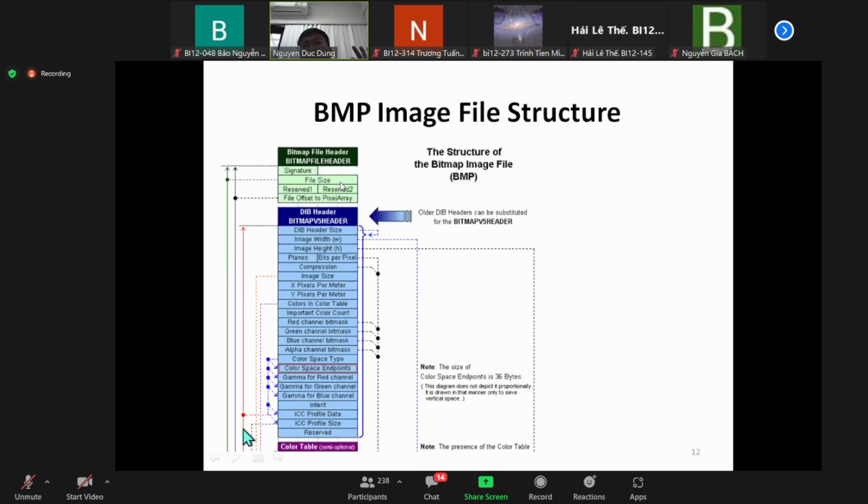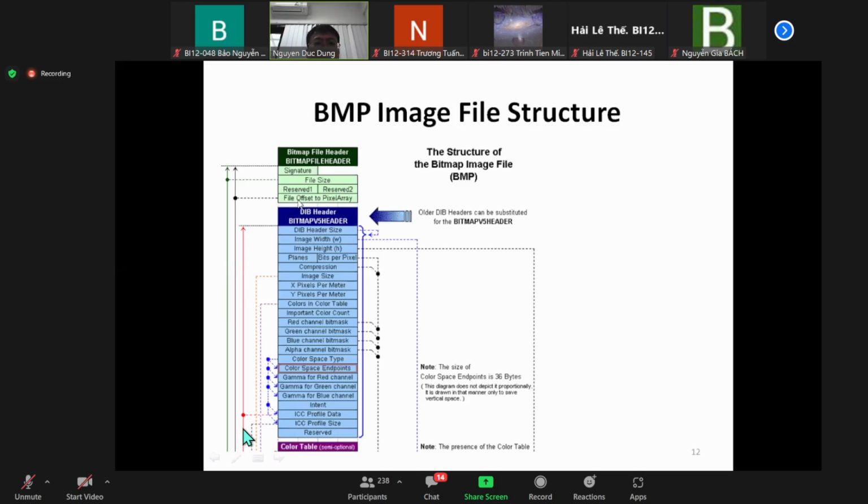Actually, we could get the size of a file in a different way, but for bitmap files, the information about the file size is also stored in the header. The next 4 bytes are reserved for future use.